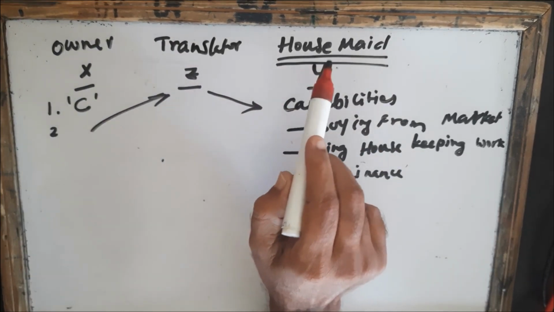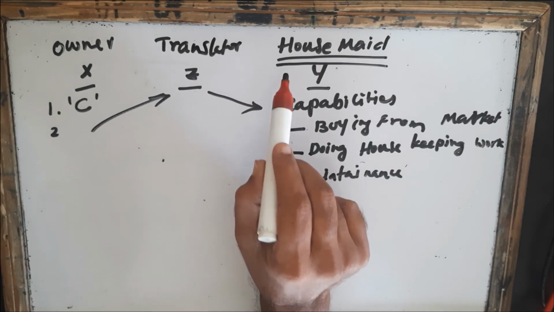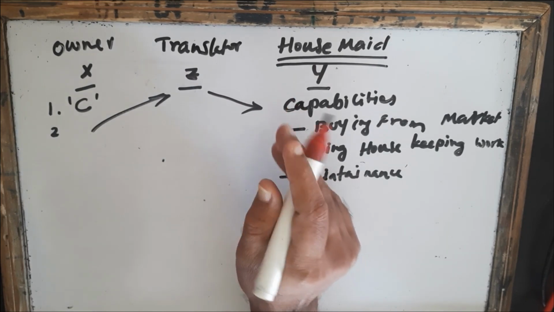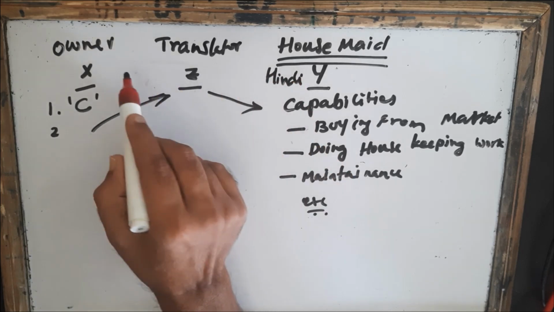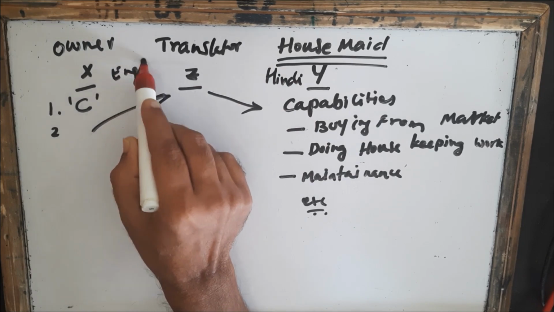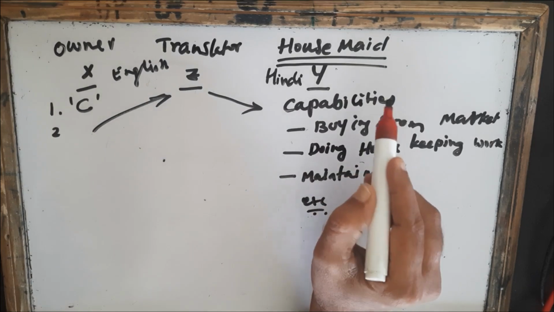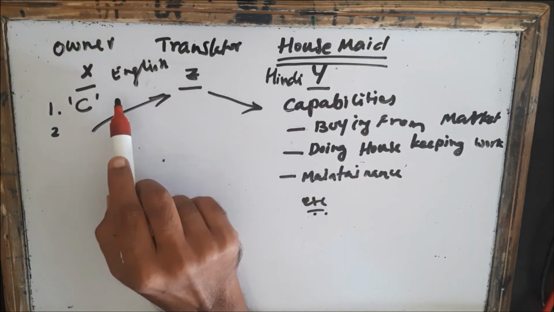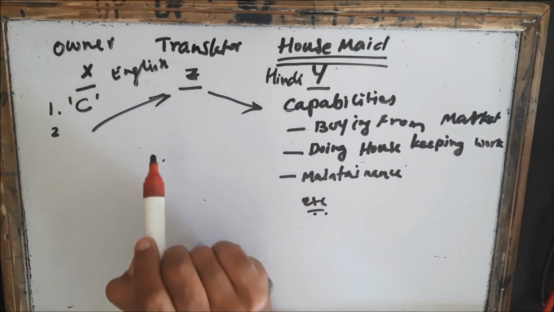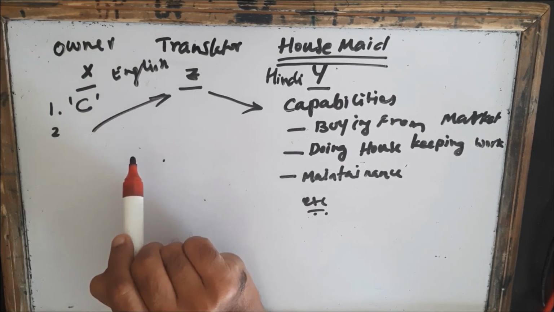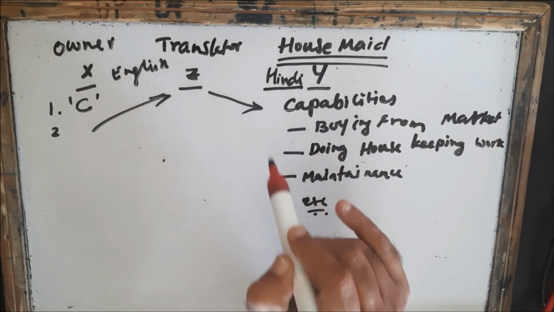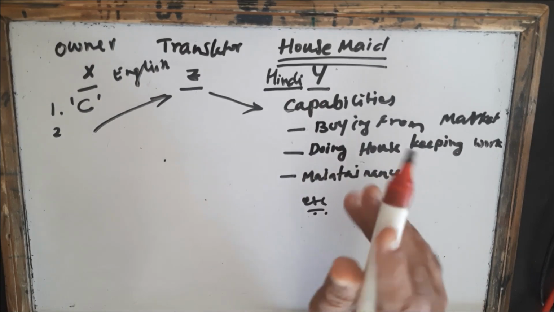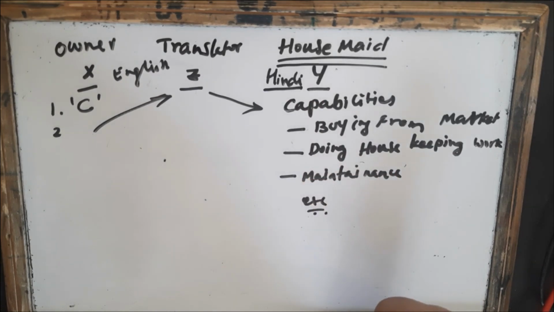He knows his capabilities and the instructions in Hindi, and he will execute all the instructions written by the translator in Hindi. He doesn't know anything about English, and he doesn't know what the translator will do. He just knows the Hindi language and executes the instructions written in Hindi promptly.